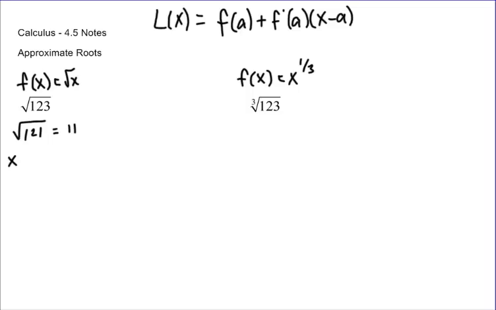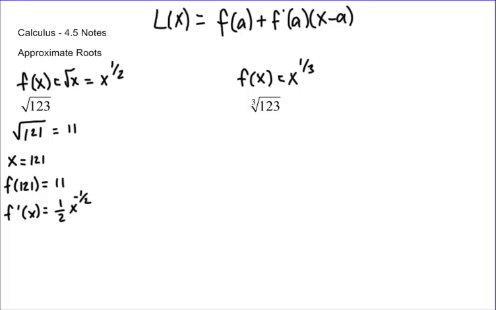I'm going to let x equal 121. And so then f of 121, and we just saw this, is 11. And the derivative of this guy, and remember this is x to the 1/2, so the derivative is 1/2 x to the negative 1/2.